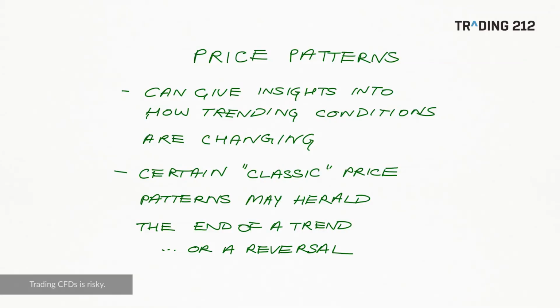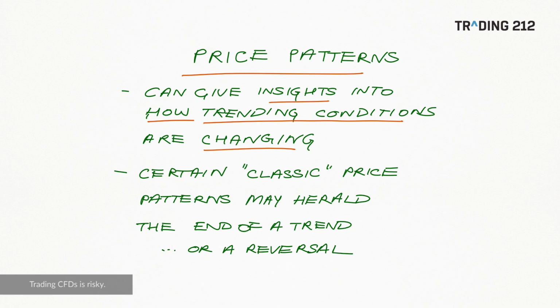Well, I'm talking about recognizing price patterns. Price patterns can give insights into how trending conditions are changing. What we're looking for are certain classic price patterns that may herald the end of a trend or beginning of a reversal. And the first of these classic price patterns that we're going to look at is the double top.